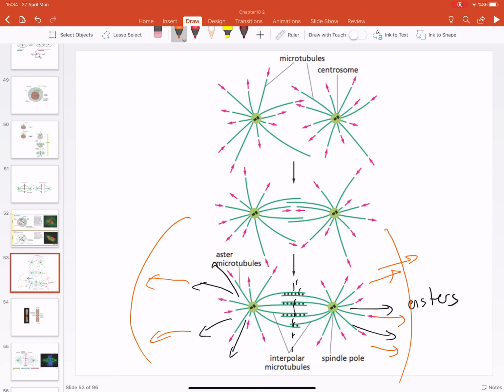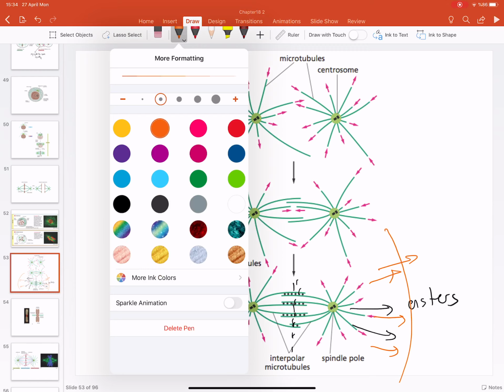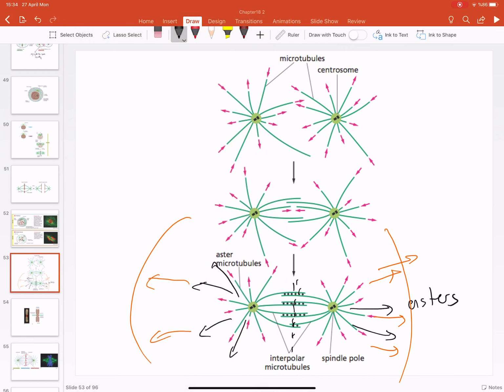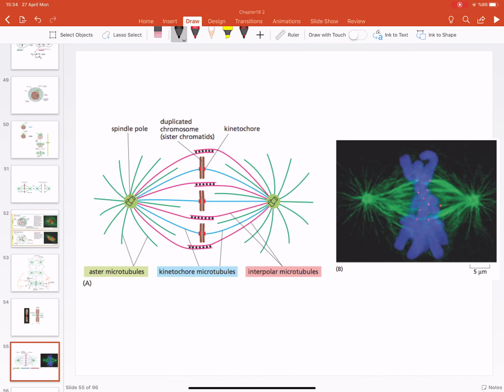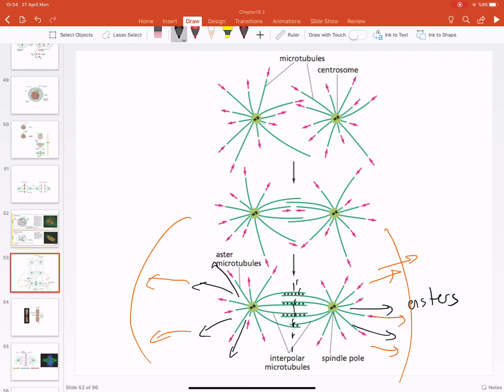The second class of microtubules that you see here is the interpolar microtubules. Yeah. These are the interpolar microtubules. They also did not catch a chromosome. This is just by chance. So there are chromosomes here.